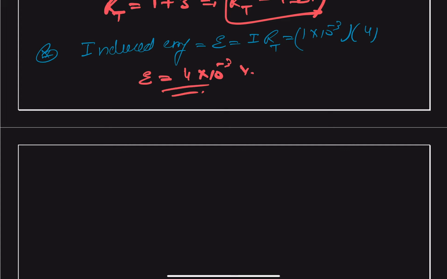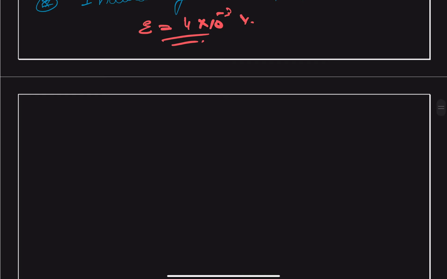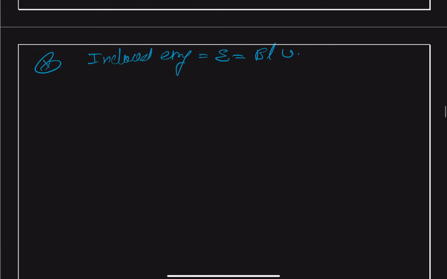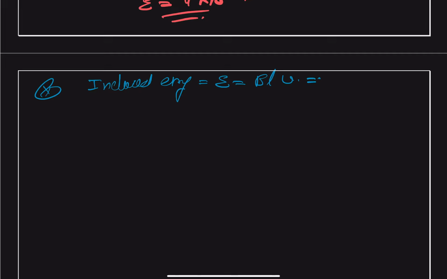Now we can find the speed, because induced EMF is related to speed as B L multiplied by V. So we know that induced EMF is equal to BLV. From here we can write velocity equals induced EMF divided by magnetic field and length.